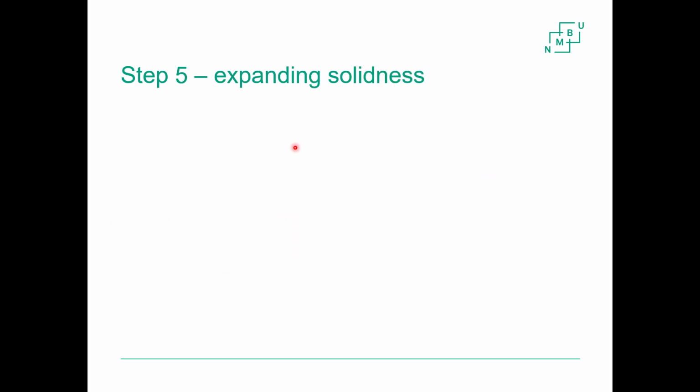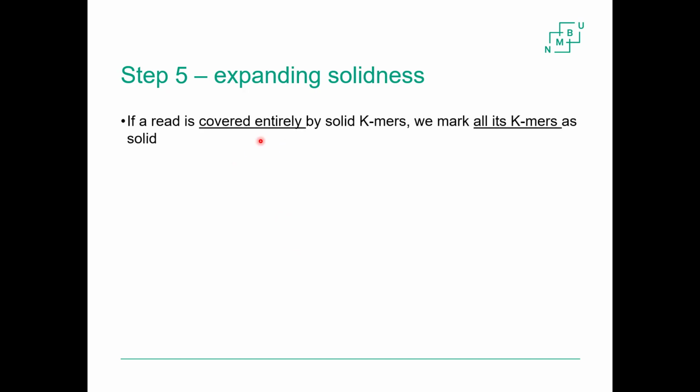And then they expand this solidness in a really simple way. So imagine we have a read here. We have all the k-mers from that read. And then after this clustering, we find that some of these k-mers are solid, marked in red here. And notice that the red ones cover the whole read.